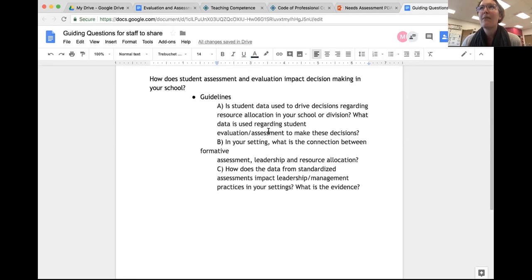Hopefully by Mike and I talking to you guys about what we see in our divisions, it will give you some ideas on where to start looking and talking. A lot of the data that we collect, whether it's from the PAT, the FMP, even the MIPI now, we'll use it to drive our professional development calendar for the following year.